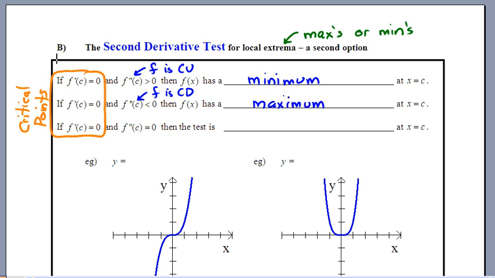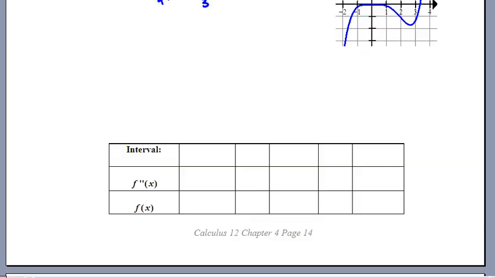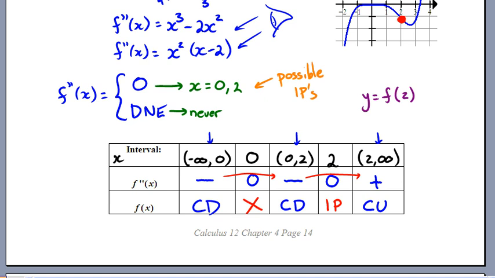And that can be a fairly quick way to find minimums and maximums. If you remember back to the last lesson, when we were doing the first derivative test, we first looked for critical points, what I've highlighted there in orange, and then with the first derivative, we went and created tables, kind of like we did on the previous page.